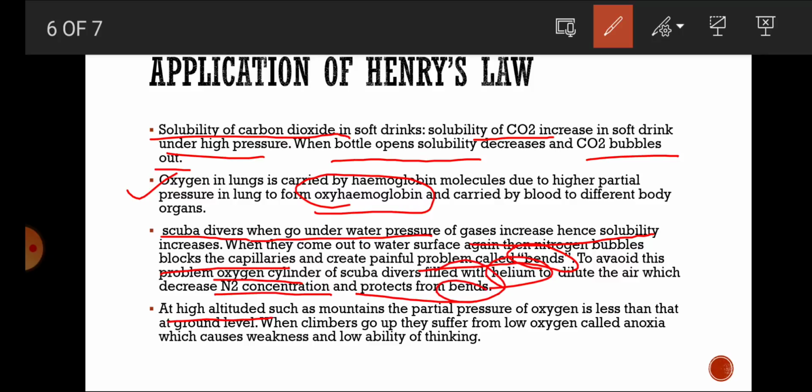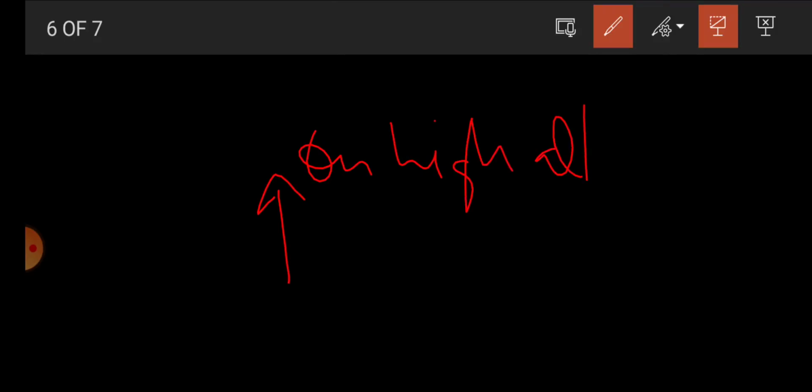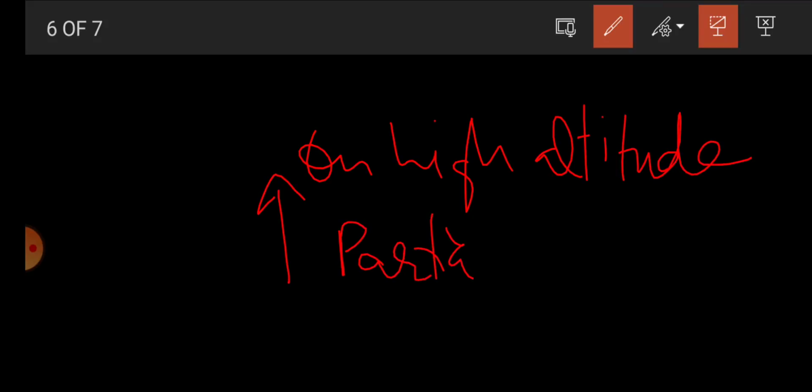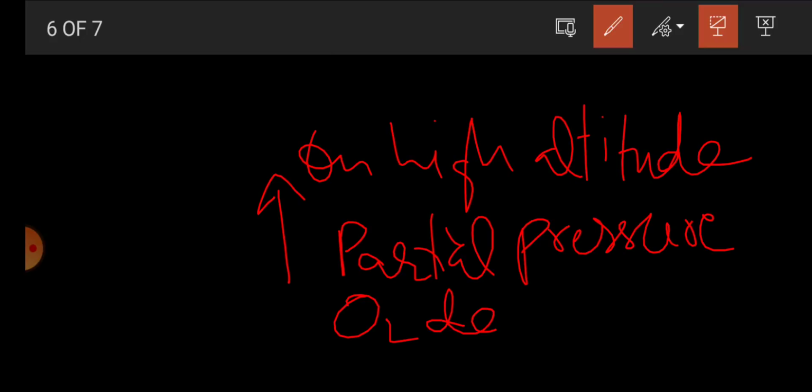At high altitudes, when we go up to a high altitude, the partial pressure of gas, the partial pressure of oxygen O2, decreases.